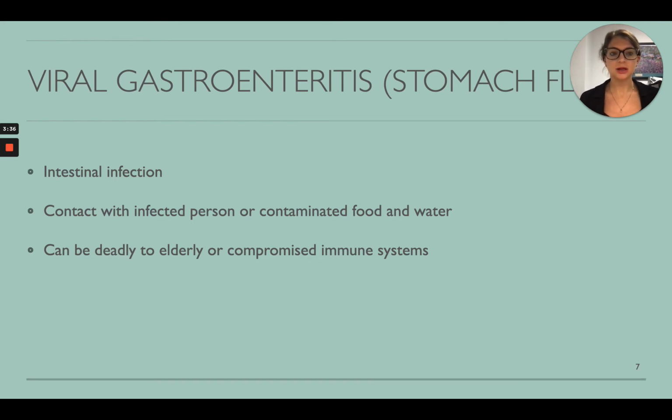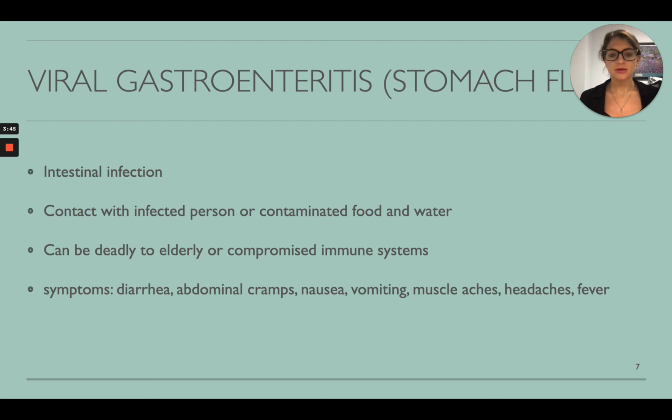Again, just because of the nature of the illness, it can easily cause dehydration. And the symptoms of viral gastroenteritis include diarrhea, abdominal cramps, nausea, vomiting, muscle aches, headaches, and fever. And again, the symptoms of the stomach flu can last anywhere from 1 to 10 days.